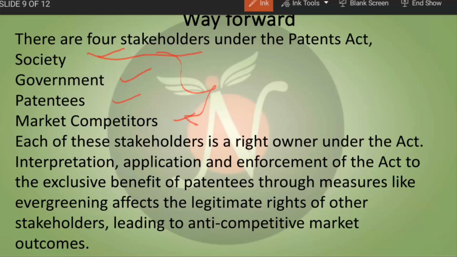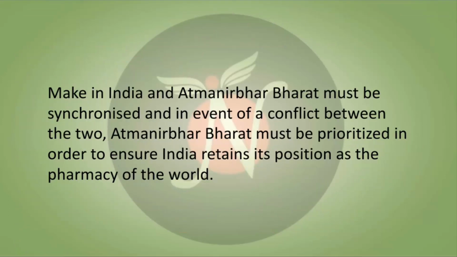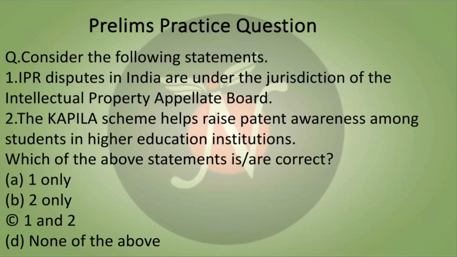Interpretation, application, and enforcement of the Act to the exclusive benefit of the patentees through measures like evergreening affects the legitimate rights of other stakeholders, leading to anti-competitive market outcomes. Make in India and Atmanirbhar Bharat must be synchronized, and in the event of a conflict between the two, Atmanirbhar Bharat must be prioritized in order to ensure India retains its position as the pharmacy of the world.